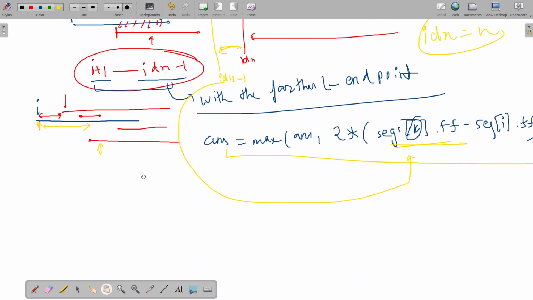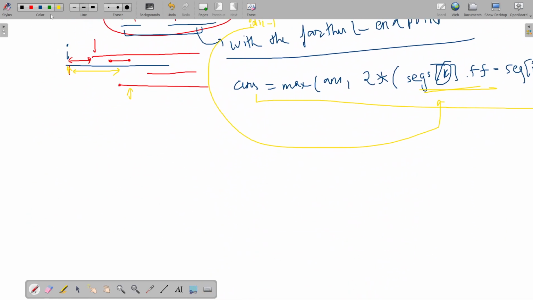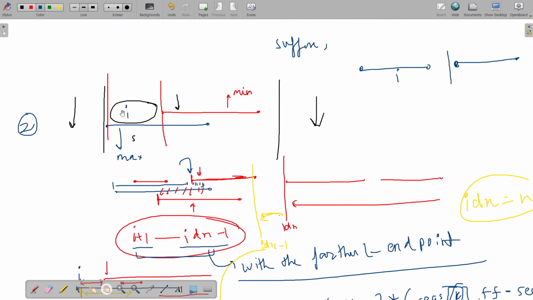Now, what is the third case? The third case is also similar to the second case only. In that, what we are doing is we are assuming that we're looking at this ith range. Previously, we assumed that this was the maximum.